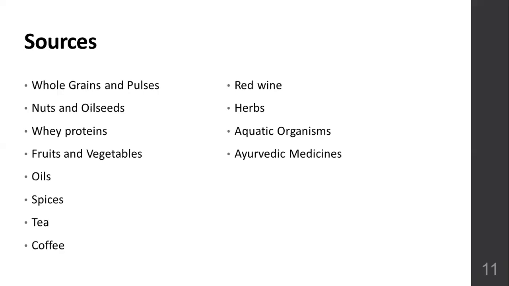So sources of antioxidants, whole grains and pulses: rice, jowar, okay, rajma, bajra, and maize. Maize, that is makka, and ragi. Ragi has the highest antioxidant content.